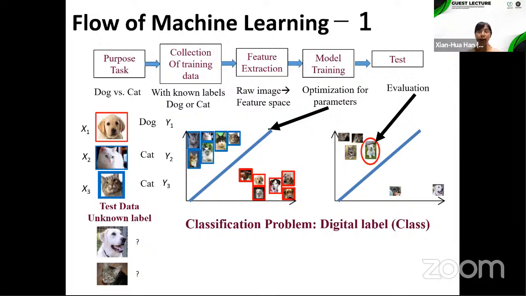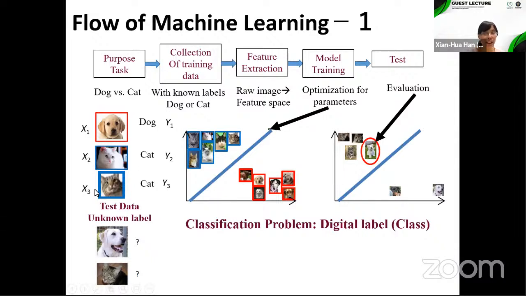Then we use the extracted features and their labels, such as dog and cat, to train the model. After training the model, we can use this already trained model to predict the final answer for a test image, an image without label.